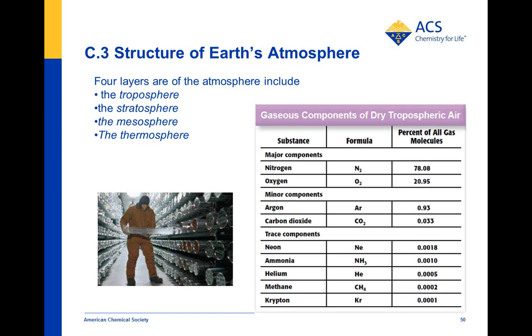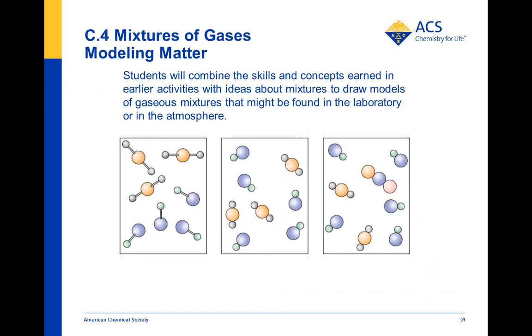They have all heard of the various components of the atmosphere and the ozone hole, so there's a lot of interest at this point. Moving on, we are going to hit one of my favorites, and this is the modeling matter mixtures of gases. We're going to revisit what homogeneous and heterogeneous means.